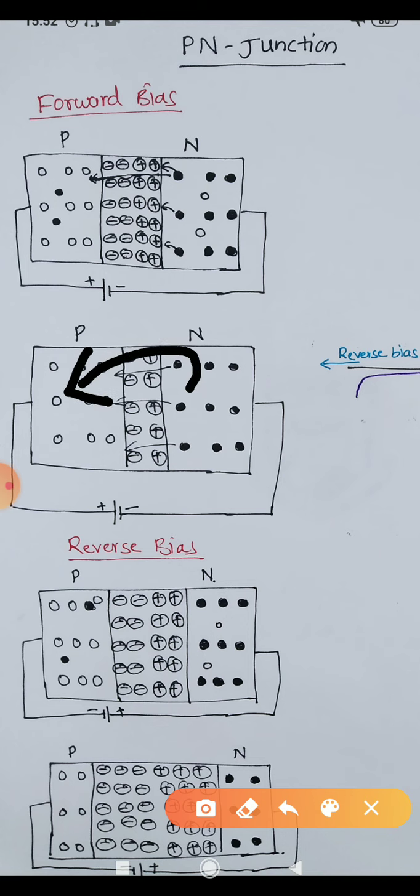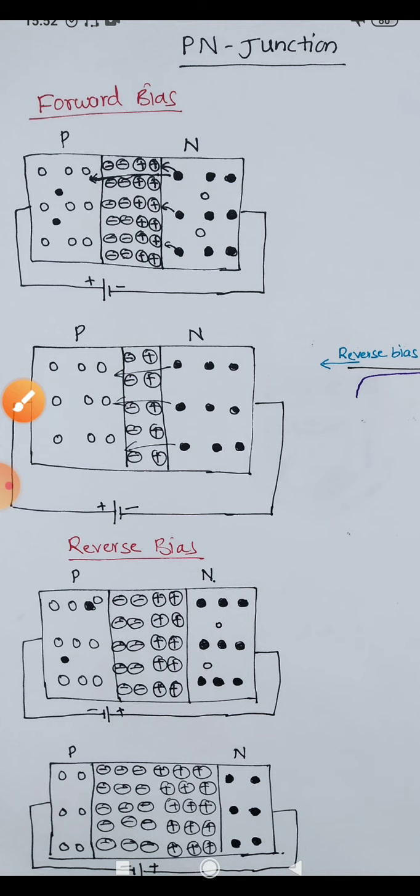In this way, electrons continuously diffuse to P side, and after entering into the P region, they are attracted towards the positive terminal of the battery. In this way, the current passes due to majority carriers continuously across the junction because of flow of electrons. This current is called forward current because the PN junction is forward biased.